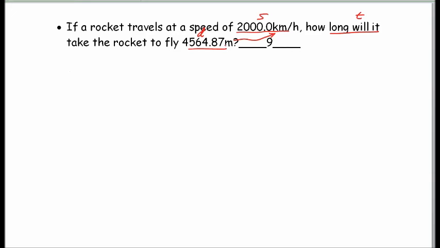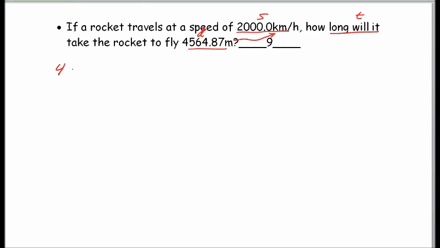So we're going to have to change this given distance into kilometers, or we have to change the speed 2000.0 kilometers per hour into meters per hour. Probably the easiest thing to do here is simply to convert 4,564.87 meters into kilometers, and we do it like this using dimensional analysis.